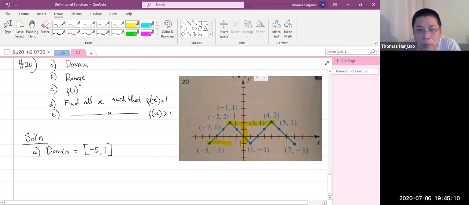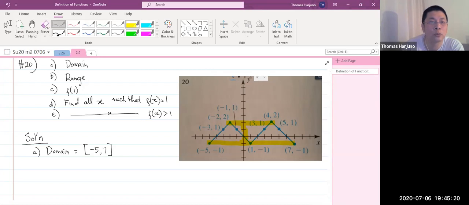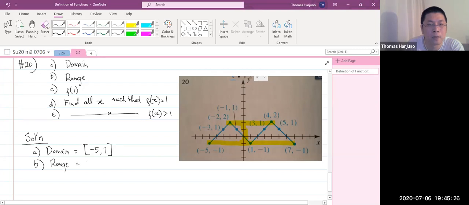This is the minimum, that's the maximum. So it's from -1 up to 2. So the range is from -1, including -1, up to 2.